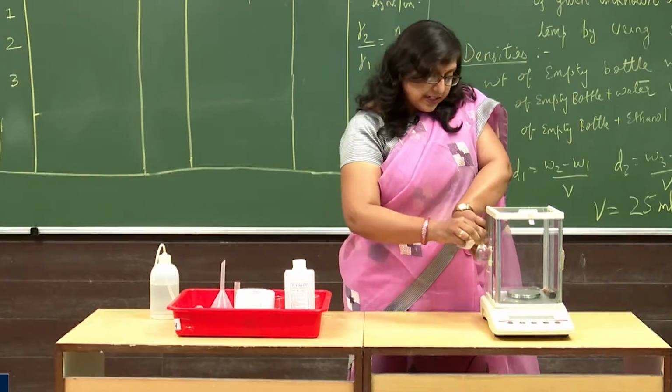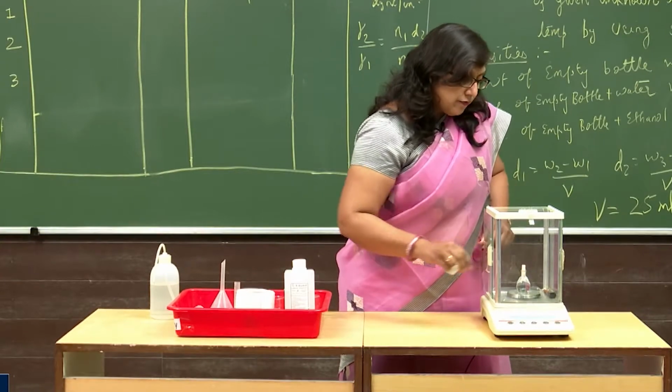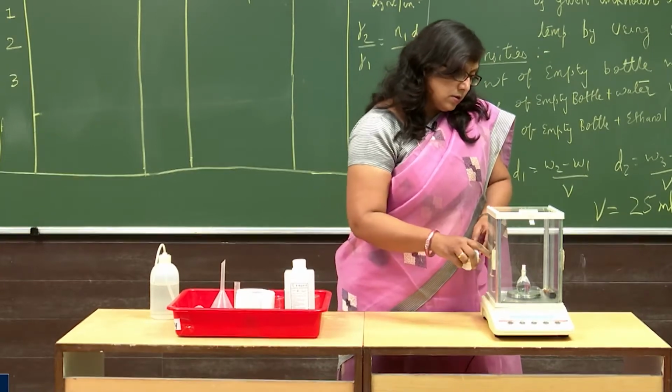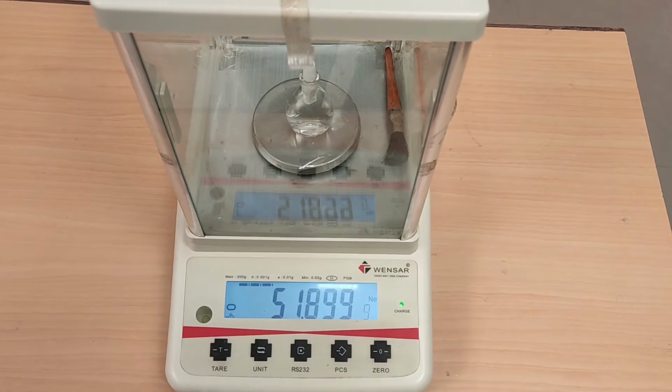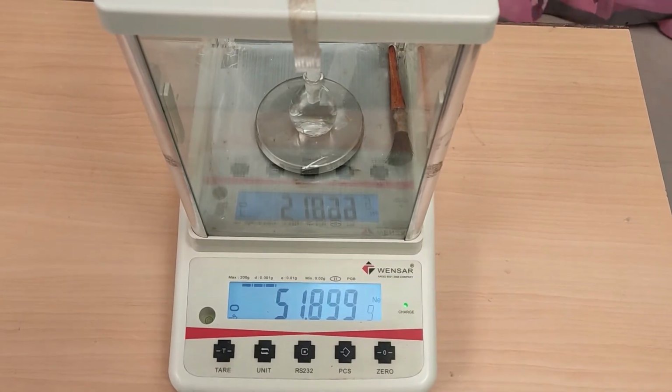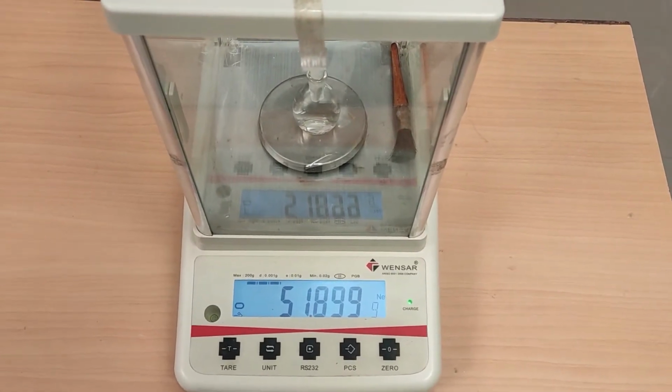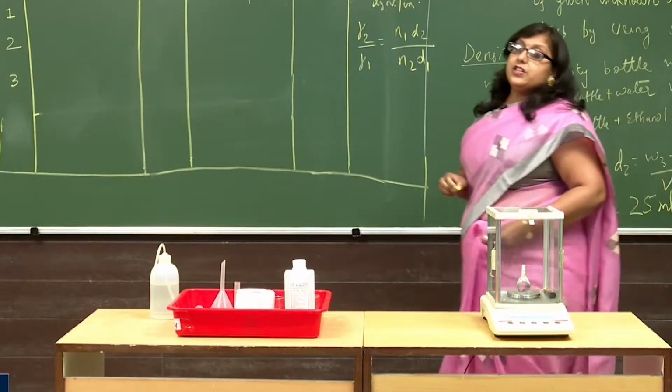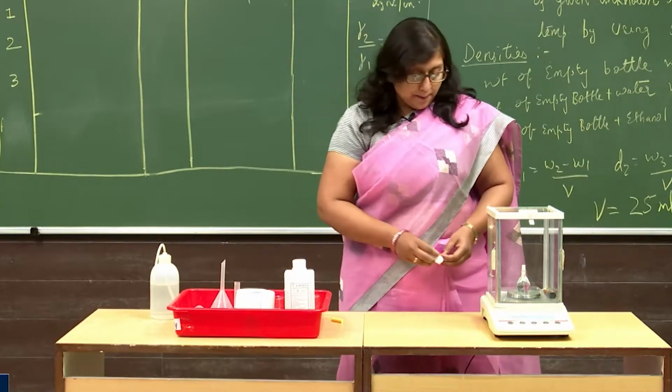Now again we take the weight of the density bottle plus water, that is 51.889 grams. This is the weight of the water and the empty bottle.